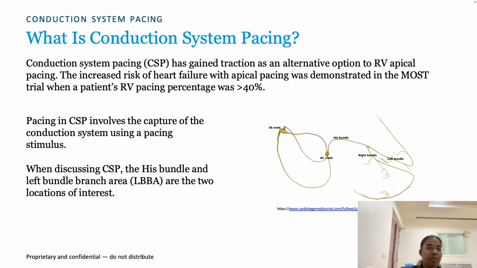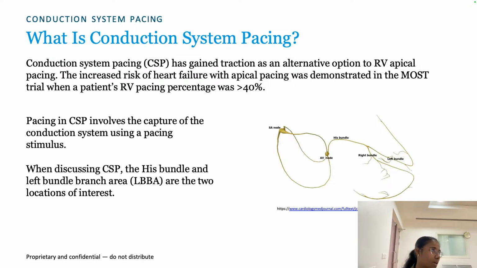So what is conduction system pacing basically? Conduction system pacing is a physiological pacing where we place the lead in the conduction system area, below the AV node, where there is a separation into the right bundle branch and left bundle branch. In normal conventional pacing we place the lead in the right ventricle, either in the apex or septum, which is a non-physiological pacing.